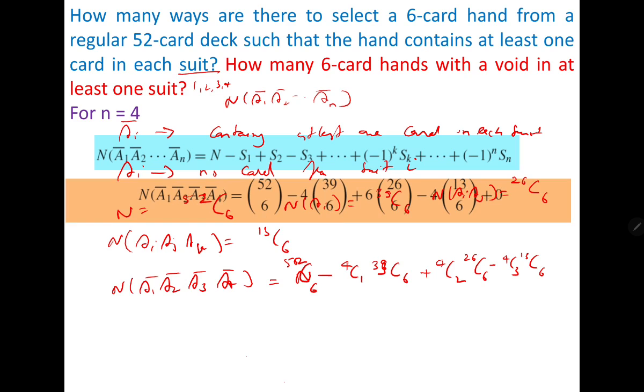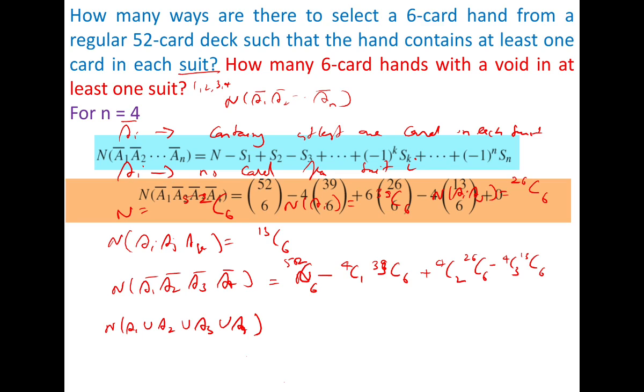The second part says: how many 6 card hands with a void in at least one suit. It means that I am looking for a1 union a2 union a3 union a4. This is because a1 represents that there is a void for the first suit, a2 represents there is a void for the second suit, which means it is not available.